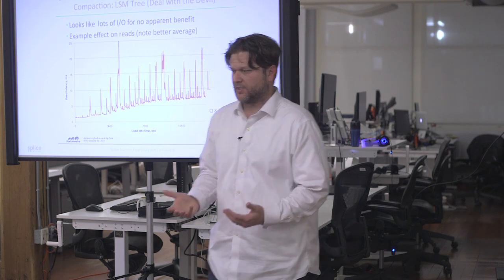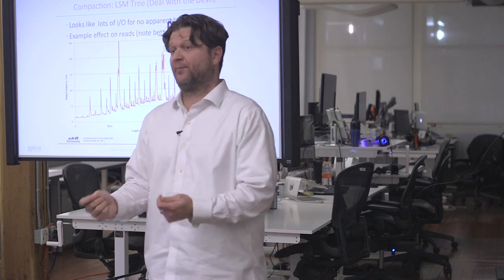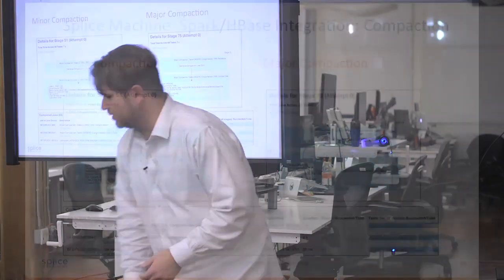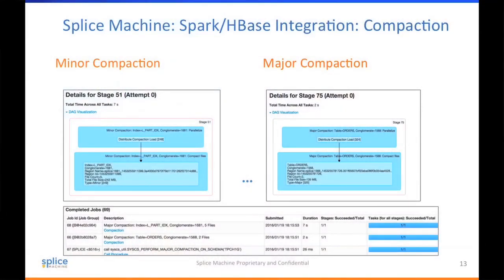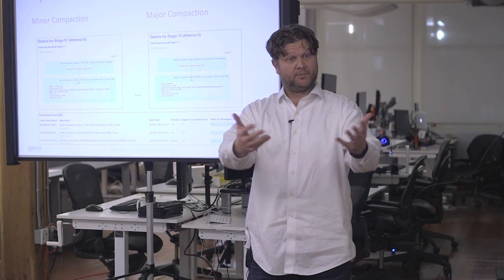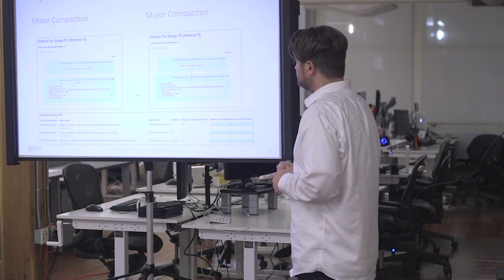And what we thought is, okay, this is a unique opportunity for Spark, and one we haven't seen, but I think it's extremely valuable. What if every time we want to run compaction in HBase, instead of running in that JVM and beating the heck out of HBase, what if it ran in Spark? It's Java code. We can pretty easily wrap that in a function and call it into Spark.